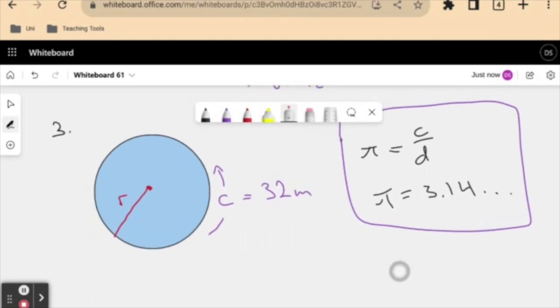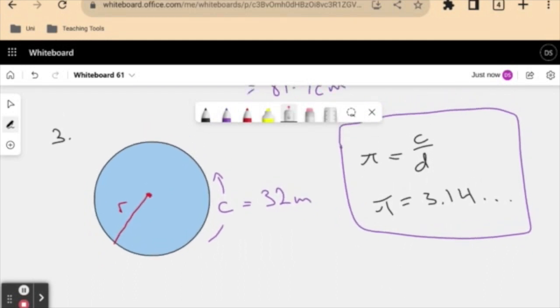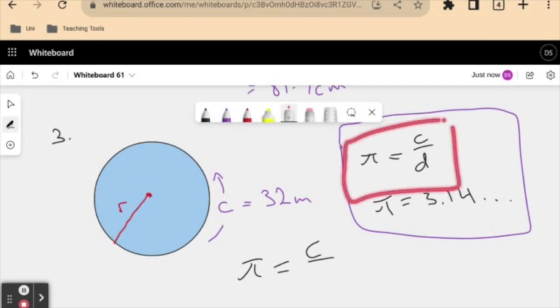Now, because pi equals the circumference over the diameter, we can also say that pi equals the circumference over, and I have a radius here, I have r. I don't have that in this equation, but I can rewrite this equation to account for r, to help us solve for this value r.